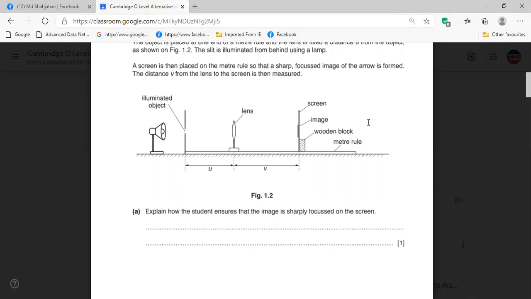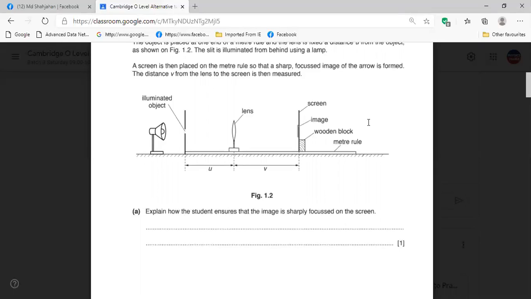If you are moving the lens, what is the problem? I don't think there's a problem. If you move the lens, then what will be the problem? The lens is fixed.